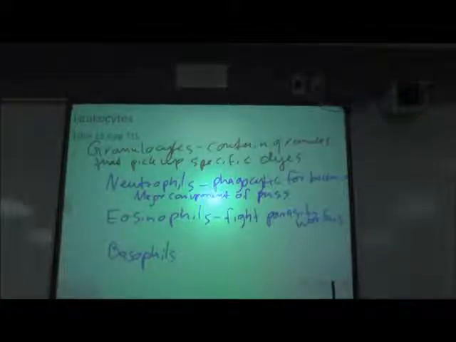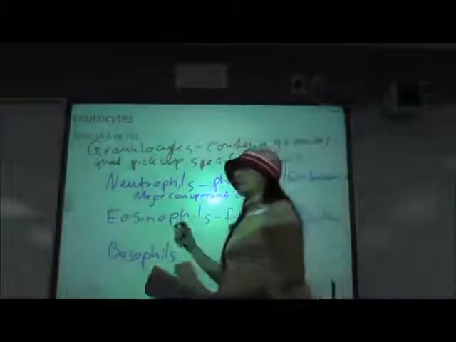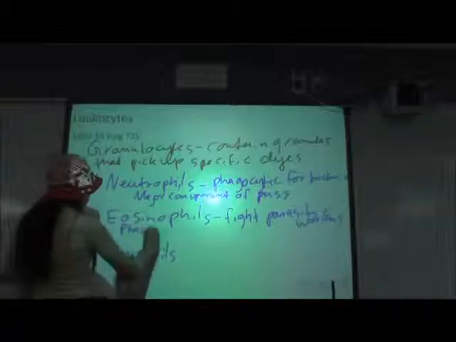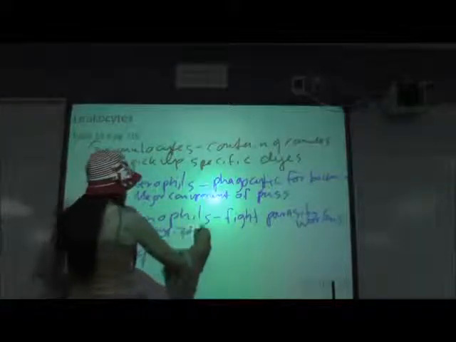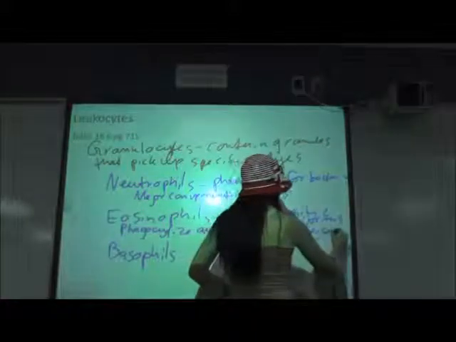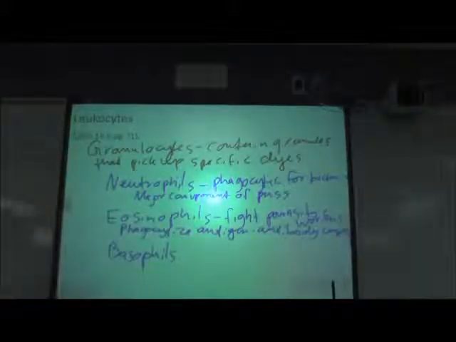Another thing that they do is they gobble up antigen-antibody complexes after a specific immune response. So they phagocytize antigen-antibody complexes. And an antigen-antibody complex would just be, you have some specific immune response going.